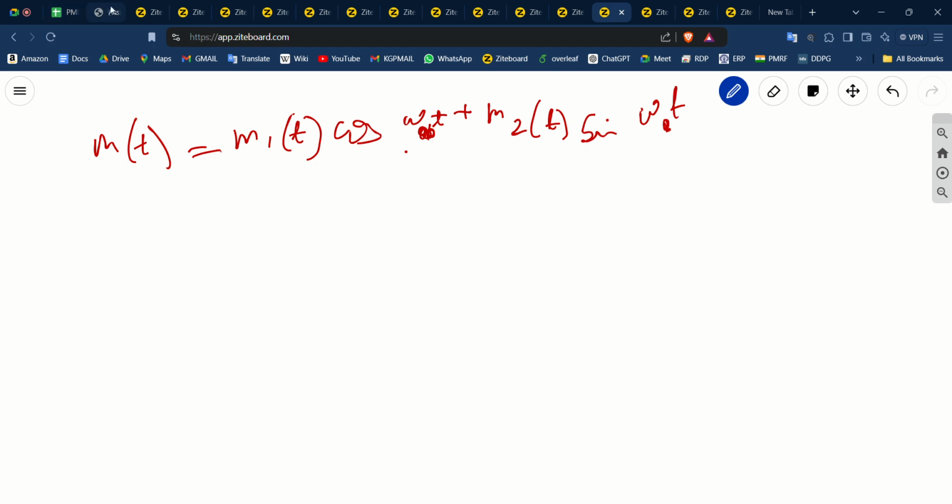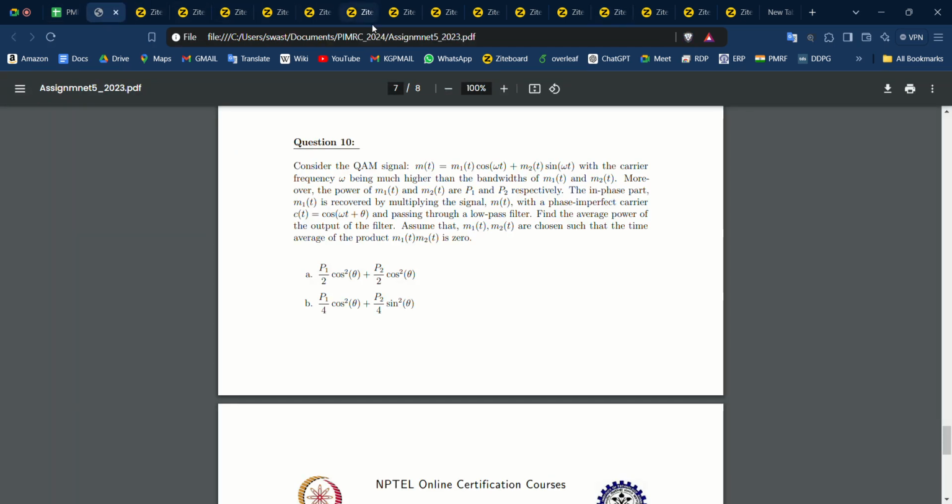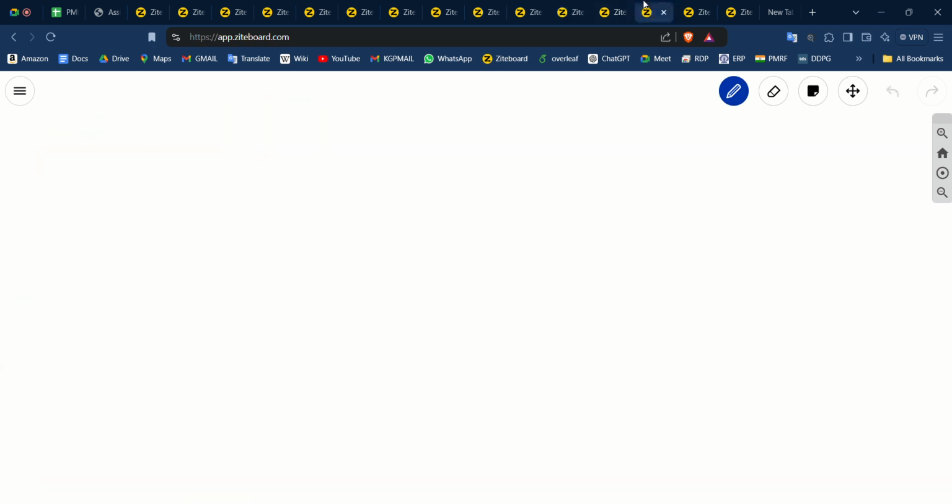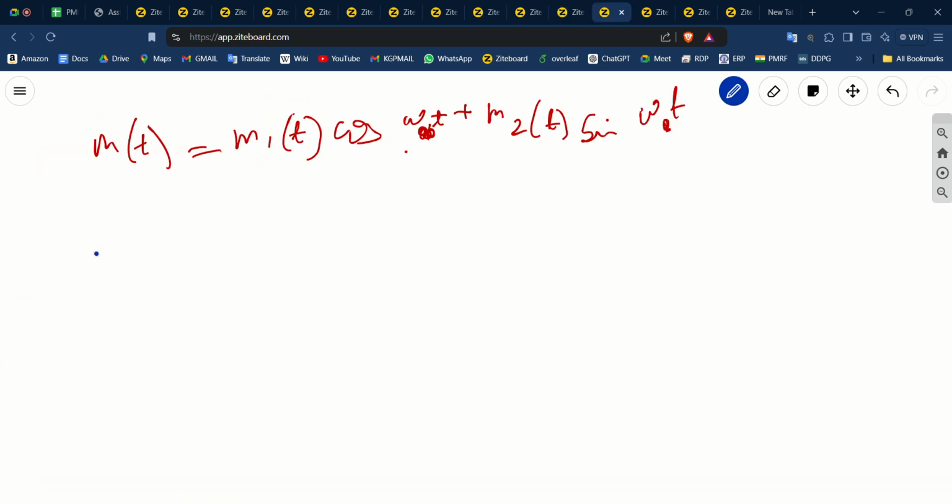Now we are saying that we multiply it with cos(omega t plus theta) to get the output, and then we filter it to get the output. So pre-filtering, what is the output? The output is m(t) into c(t).